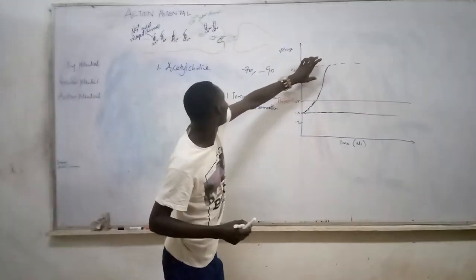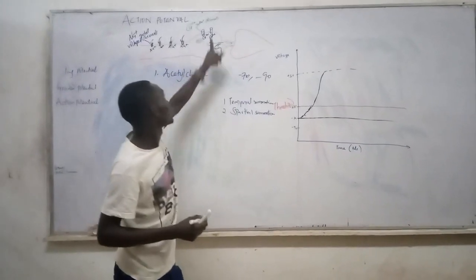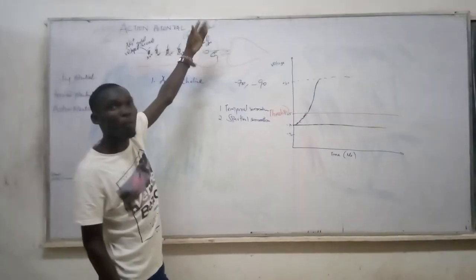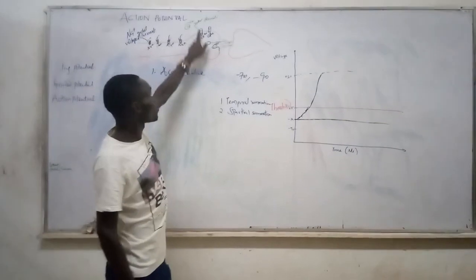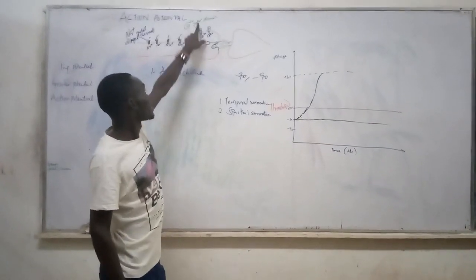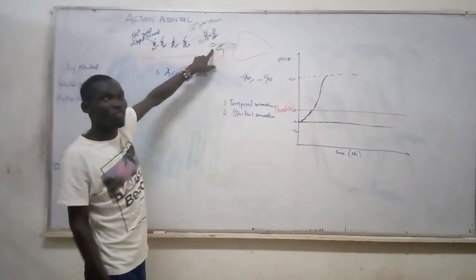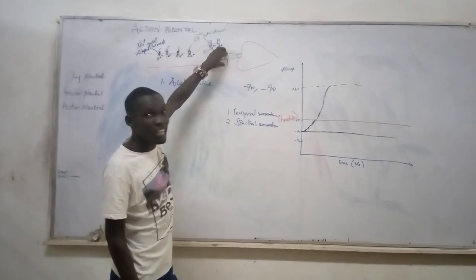At positive 30, the calcium-gated ion channels were stimulated and opened up. Calcium ions leaked in and stimulated the presynaptic vesicles to adhere to the presynaptic membrane.